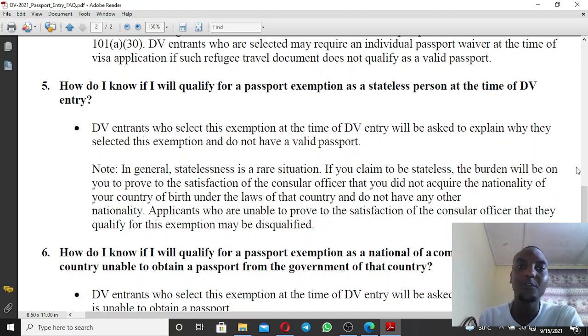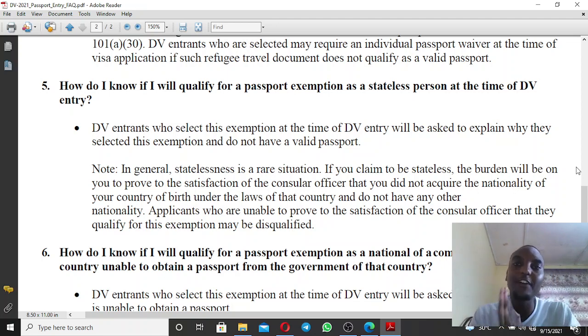Question number 5: How do I know if I qualify for a passport exception as a stateless person at the time of DV entry? The answer is, DV entrants who select this exception or exemption at the time of DV entry will be asked to explain why they selected this exemption and do not have a valid passport.